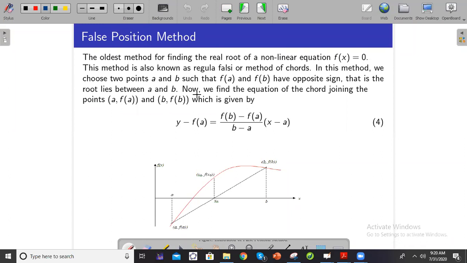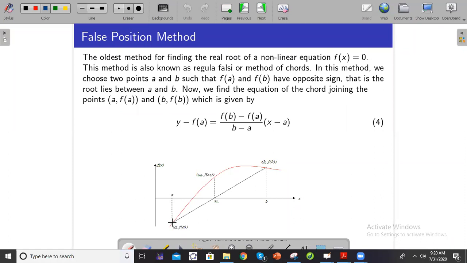Now, let me discuss how to find the root formula for the false position method to solve a non-linear equation. See everyone, here we have the curve y equals f of x. It is defined on some closed interval A and B, where f(A) and f(B) have opposite signs.